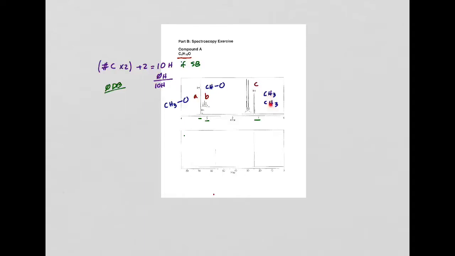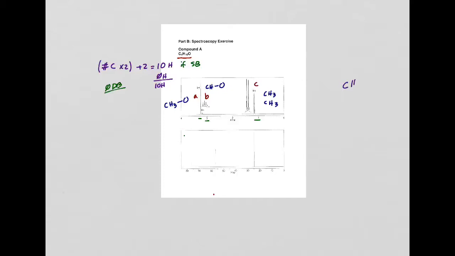So I have 2 CH3 that are equivalent to each other, and they are next to a CH, because by the N plus 1 rule the adjacent carbon has 1 hydrogen and I end up with a doublet. Well, look over here. Don't I have a CH over here? So is it possible that these 2 are attached to that? Anything is possible, right? Let's draw it out.